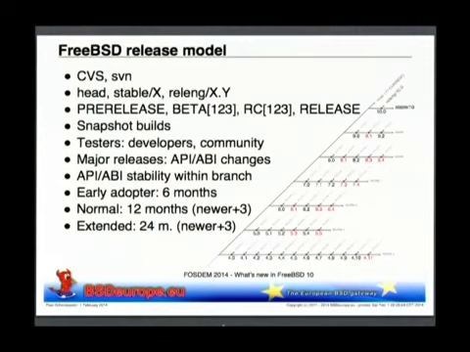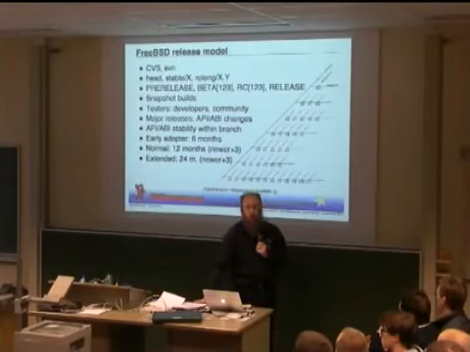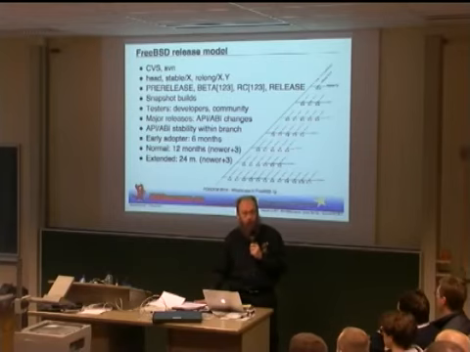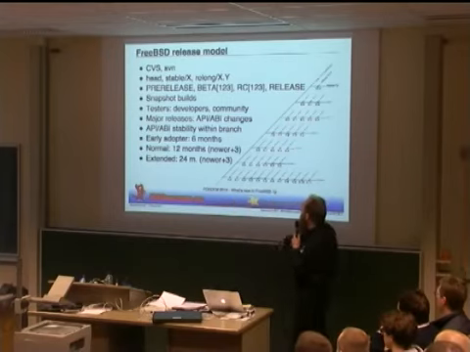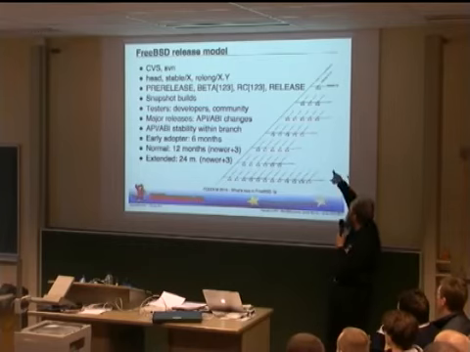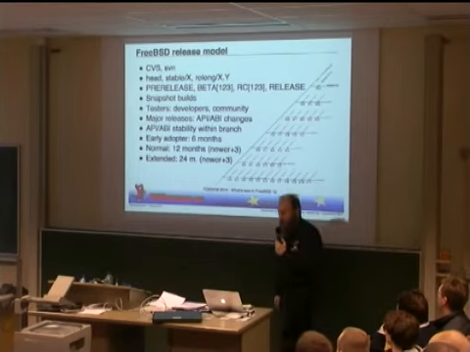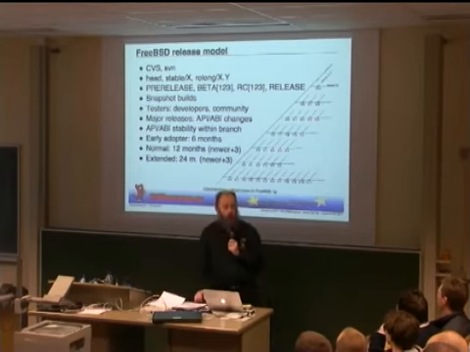So if you're running FreeBSD in a production environment and you do not want to upgrade your system once per year or even more frequently, then you can just hop from the extended support releases. So for instance, you had a machine running on 8.1, then you can jump to 8.3 or 8.4, you can jump to 9.1, and most probably 10.1 will be another extended support release.